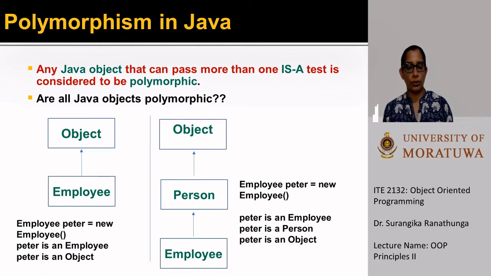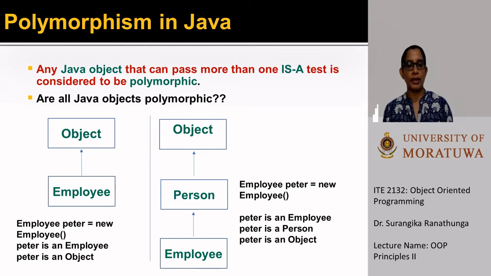The answer is no. All the classes you write yourself, if you create objects from them, are polymorphic. However, there is one class whose objects will not be polymorphic. This class is none other than the Object class, as you see here. Because Object is the very top superclass, it does not have any parent. If you create an object from this Object class, it has only one IS-A relationship.